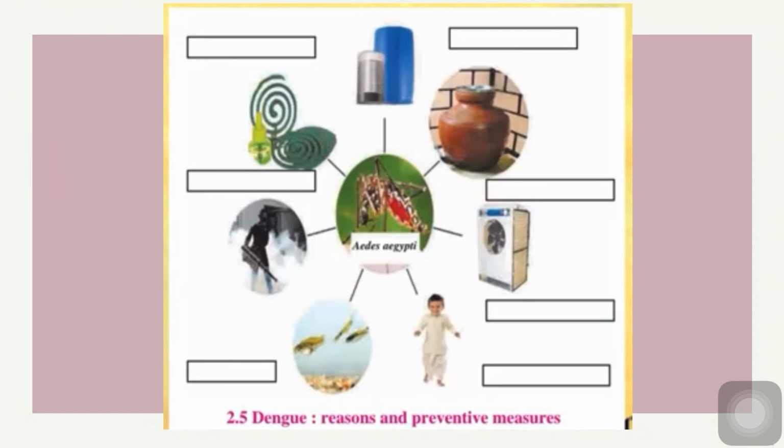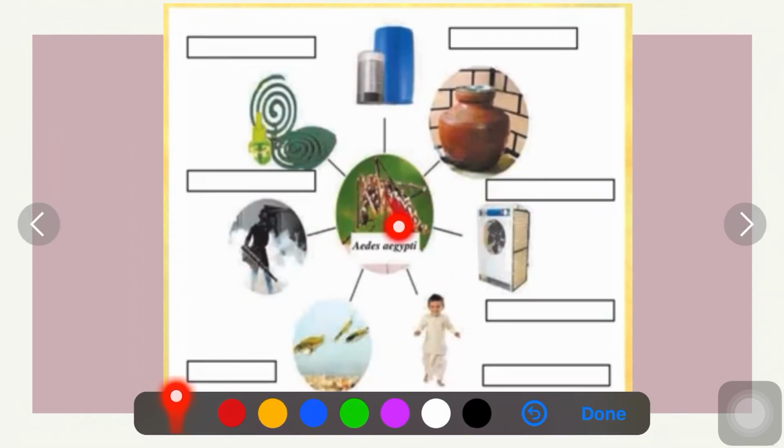Students, you have an activity on page number 8 of your science textbook, that is reason and preventive measure. As you can see, first there is reproduction, the breeding of mosquitoes in tanks. Urns and utensils, the accumulation of water in man-made containers, cause breeding of Aedes mosquitoes. Water coolers, infection to babies.